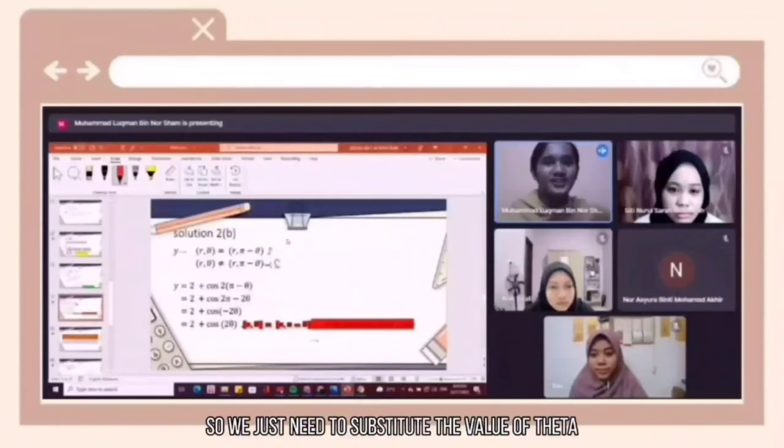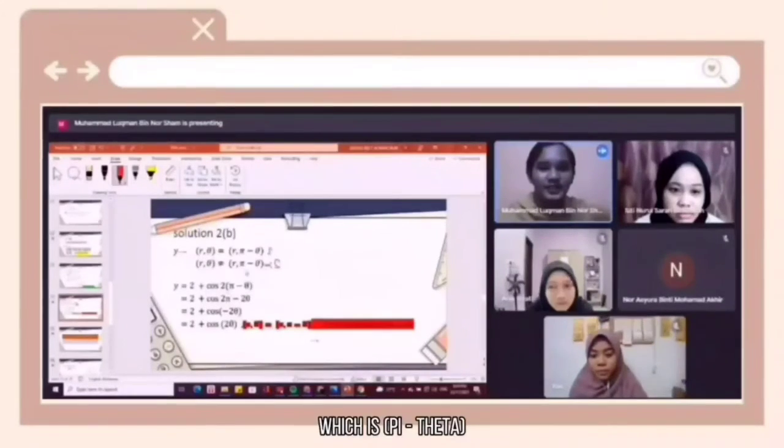So we just need to substitute the value of theta, which is 2 pi minus theta, into y equals 2 plus cos, 2 pi minus theta, and then we expand.